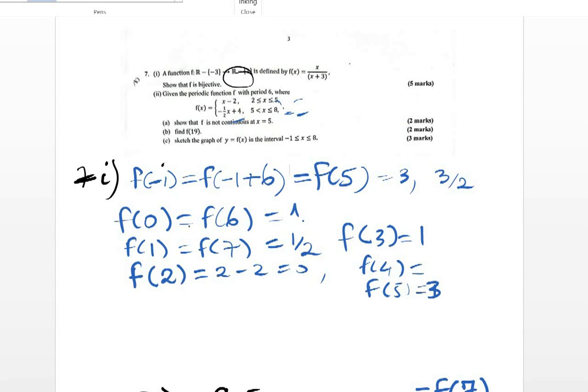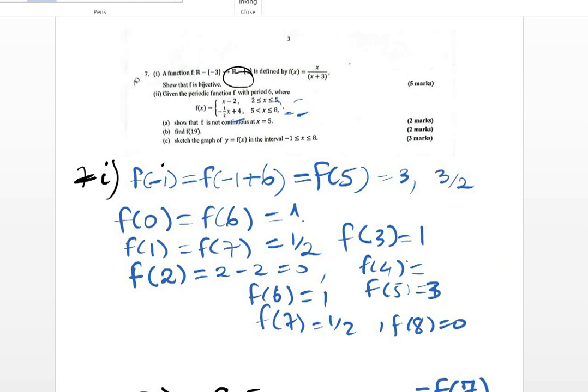So you see that it starts repeating itself. f of 6 is f of 0, which is 1. f of 7 is f of 1, which is half. f of 8 is 0.